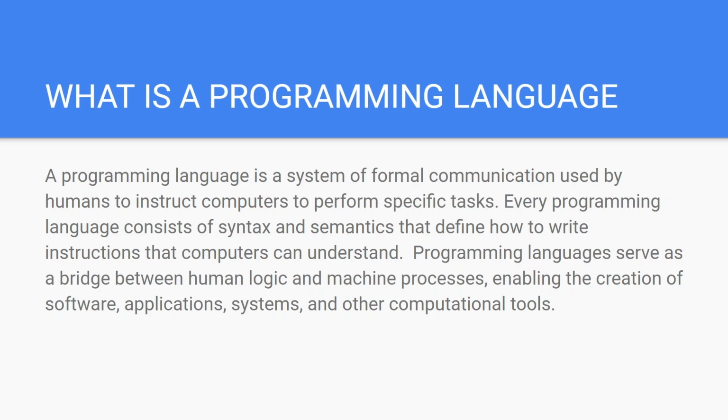You can see it as every other language like English, Chinese, Japanese, German, Dutch. It is a means of formal communication used to instruct computers to perform specific tasks, because the function of computers is to perform tasks.